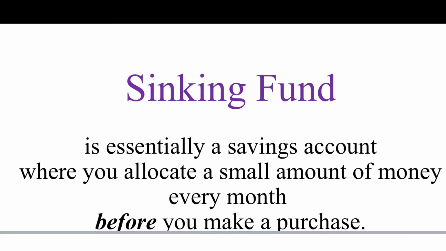Basically, to break it down, a sinking fund is essentially a savings account, but it's where you allocate a small amount of money periodically. So maybe every month, a small amount of money every month or every week or every 2 weeks before you make a purchase. And the difference between a sinking fund and a normal savings account is that the sinking fund is for one specific goal.